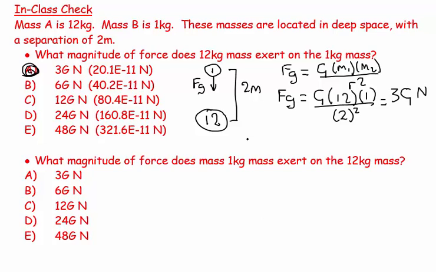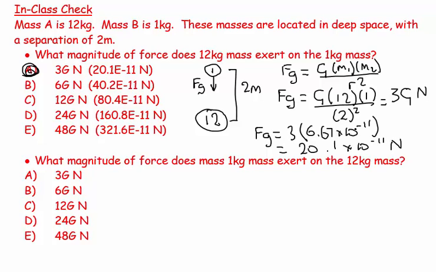So for example, if I wanted this as just a numeric value, Fg is equal to 3 times the gravitational constant, which is a really small number. It's 6.67 times 10 to the minus 11. So that works out to be 20.1 times 10 to the minus 11 newtons.